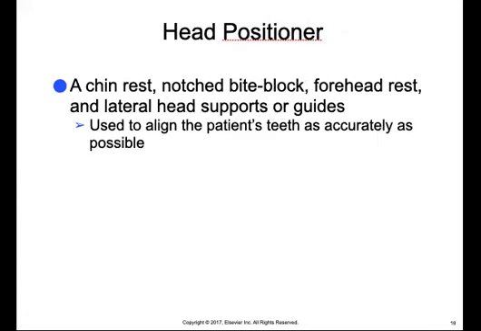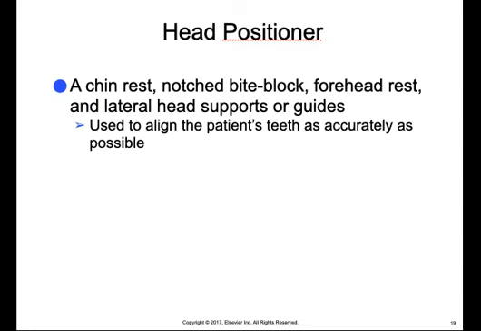And the head positioner is a chin rest with a notched bite block, a forehead rest, and lateral head support or guides that is used to align the patient's teeth as accurately as possible. So when the chin rest and bite block are used, they are used to stabilize the patient's dentition in the anterior posterior direction.